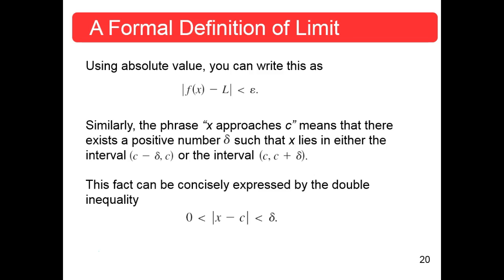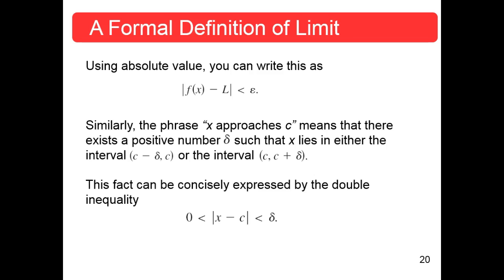So this is saying your actual function value, if you get x close enough to that c, then this thing is going to be less than epsilon. That's the absolute value notation. F could be above it or below it, but as long as it's within that epsilon, you're fine.